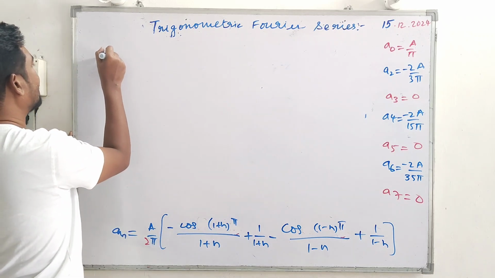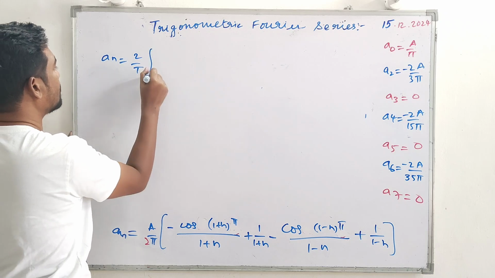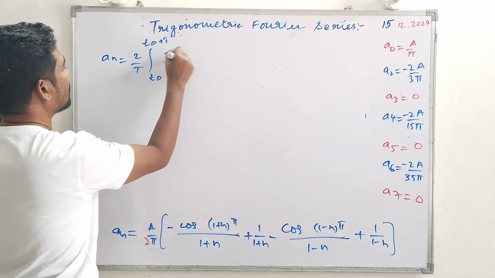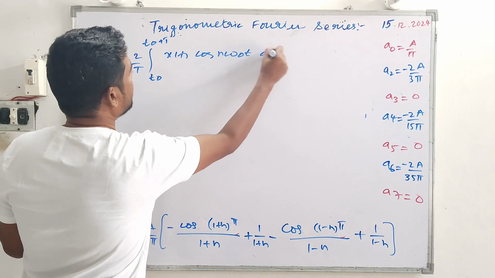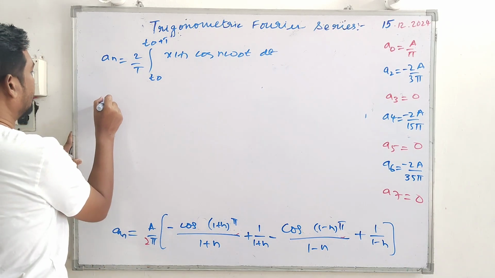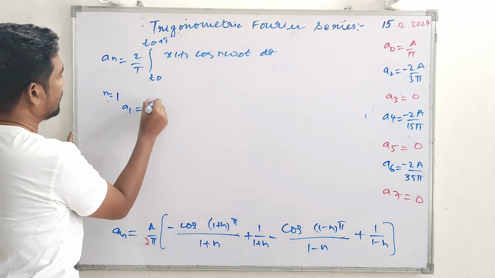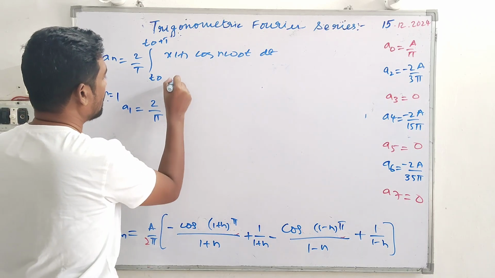And what is the general expression for An? It's 2 by T, integral T naught to T naught plus T, X of t multiplied with cos n omega naught t dt, isn't it? And n equal to 1 in this expression itself. A1 will be 2 by pi, T is pi in our case, in the given waveform the limits for integration are 0 to pi by 2.